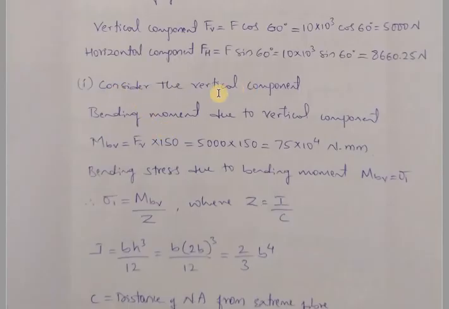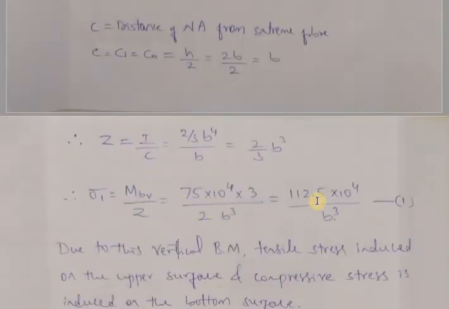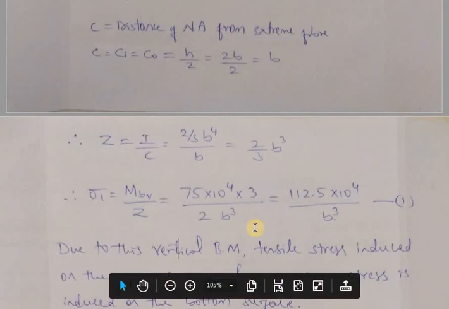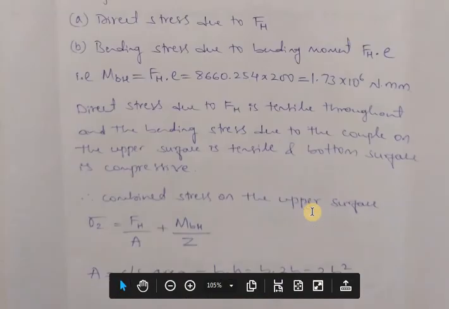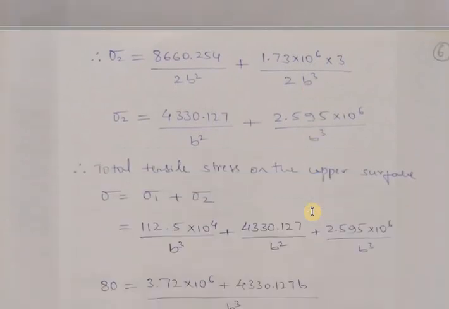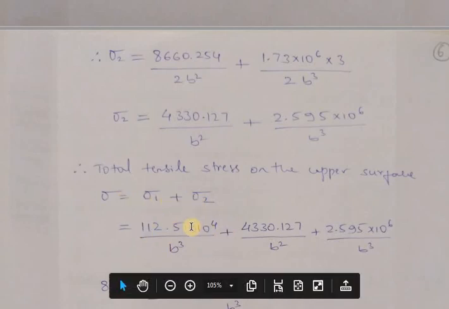Due to this vertical load, there is a tensile stress on the upper surface. This is the value of the tensile stress. Adding these two, we get the total tensile stress on the upper surface: sigma is equal to sigma 1 plus sigma 2. Sigma 1 value is this, sigma 2 value is this.